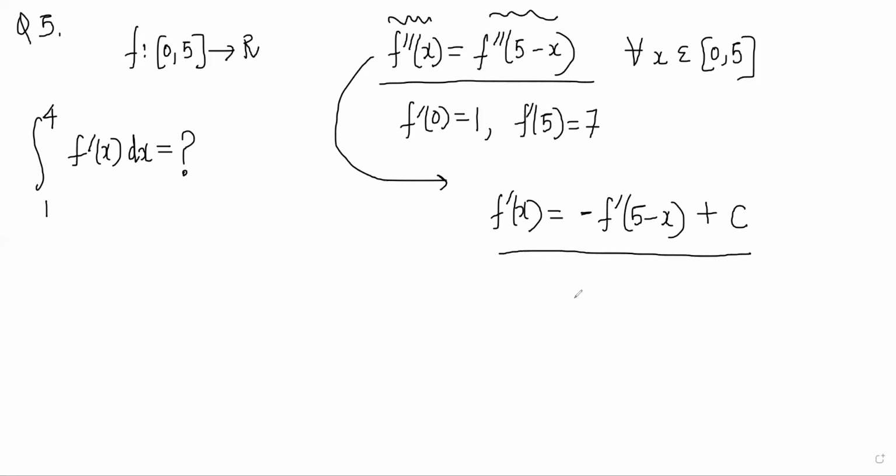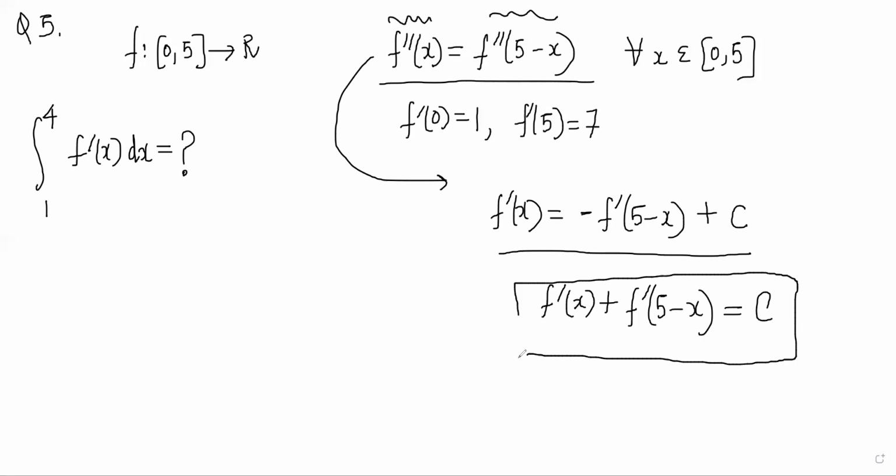So you have this relation, which implies that f dash x plus f dash of 5 minus x is equal to C. And what is the data given? f dash 0 is 1 and f dash 5 is 7.